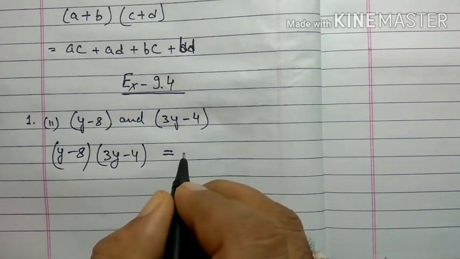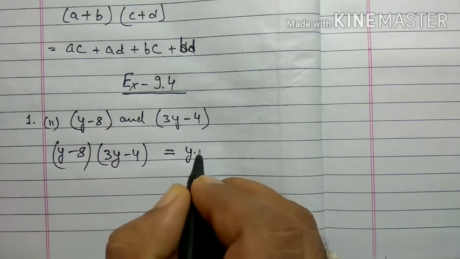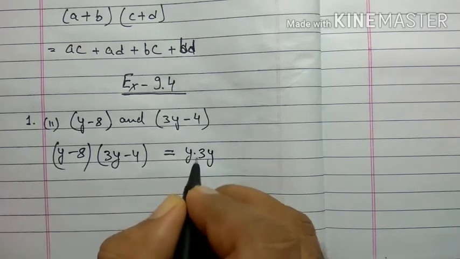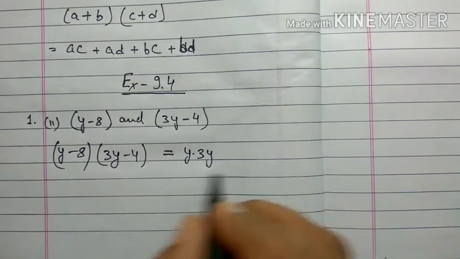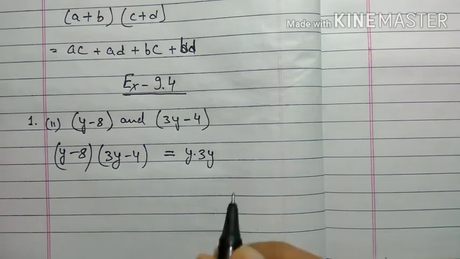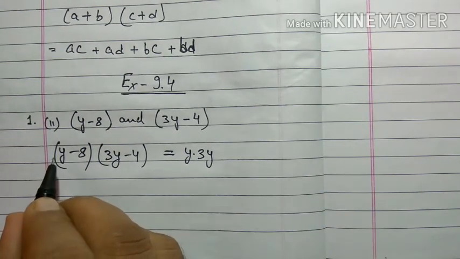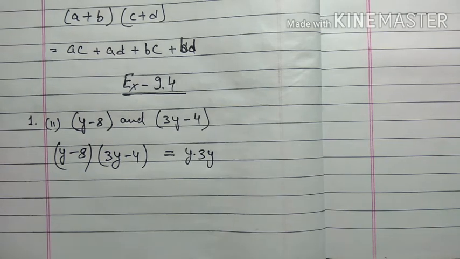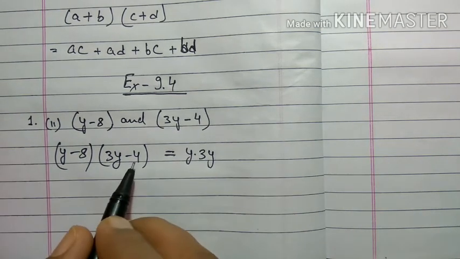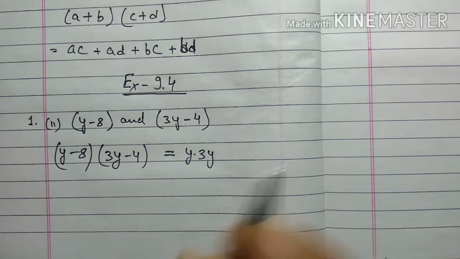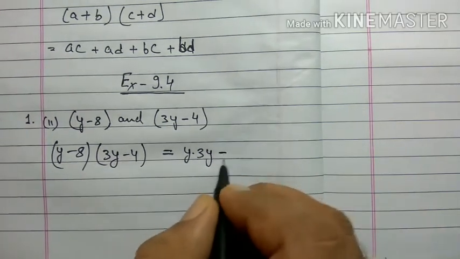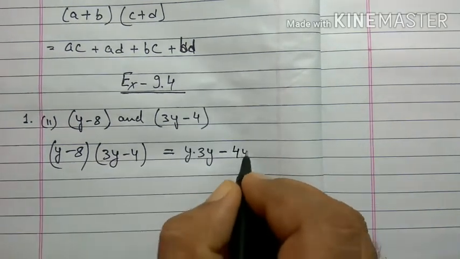So what we will multiply first means y into 3y. This dot means this is product. Then outer, y into minus 4. This is positive and minus 4 is negative, so plus minus minus, y into 4, we will write 4y.